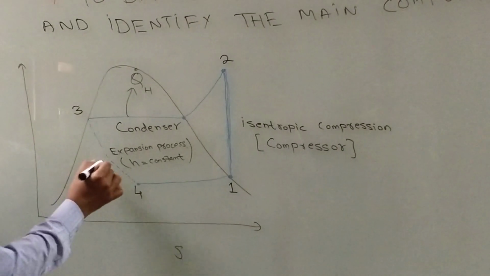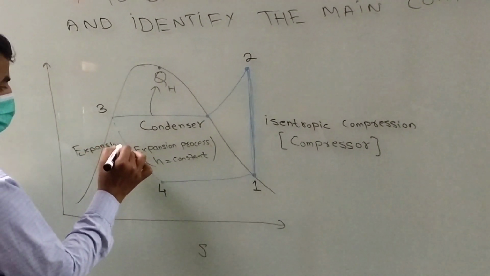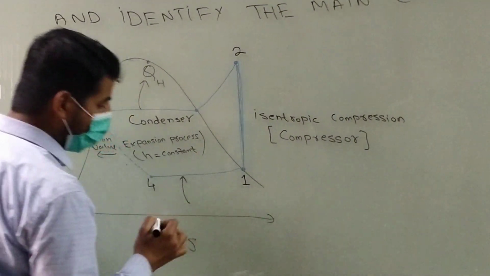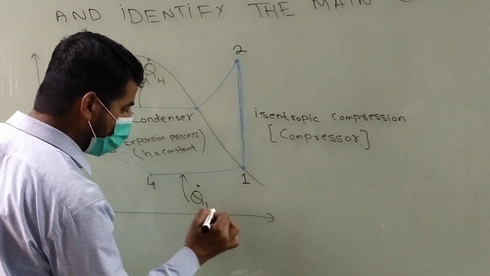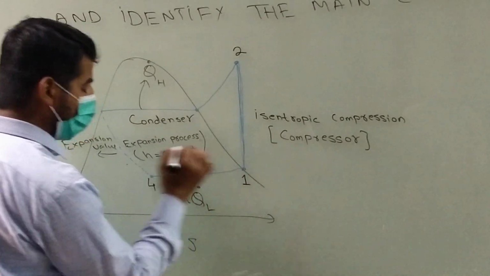This has been carried out in expansion valve. And this 4 to 1 is basically constant pressure heat absorption, and this process has been carried out in evaporator.